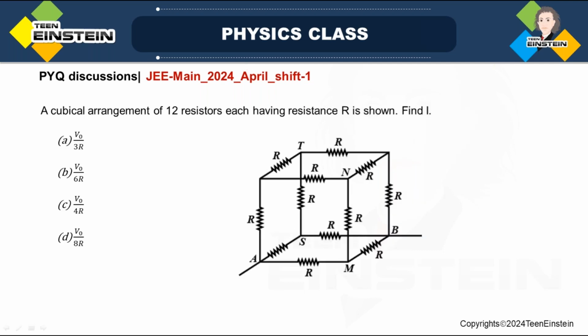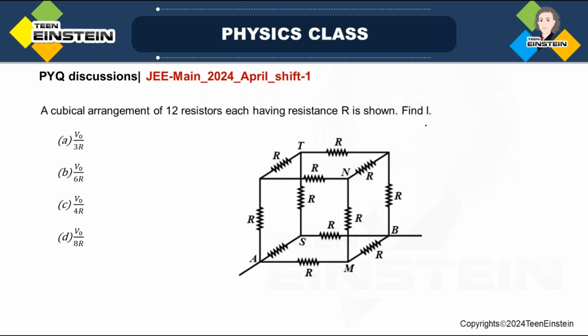Let us go to this question. This is also a really nice question, and it is from the electricity part. Circuit analysis we have to do here. A cubical arrangement of 12 resistors, each having resistance R, is shown.